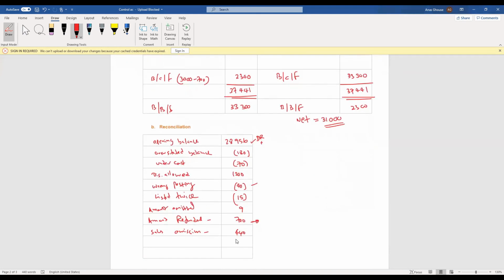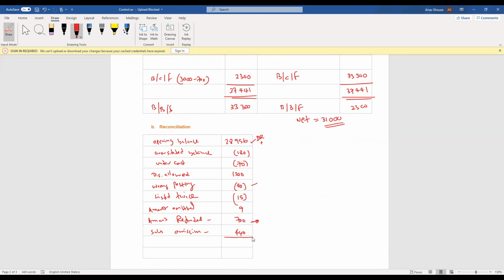Okay. So once you take the total, 28,956 plus, minus 180 minus 70 plus 1,200 minus 40 minus 15 plus 9 plus 700 plus 440.